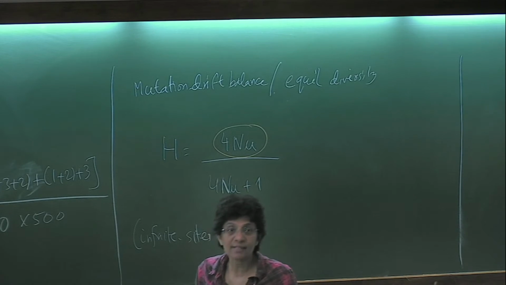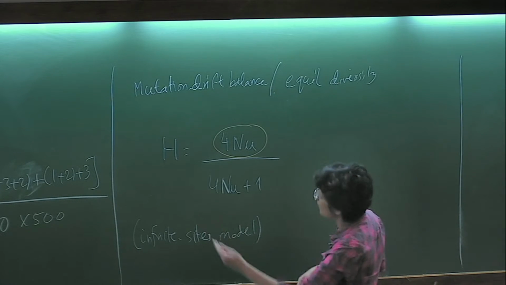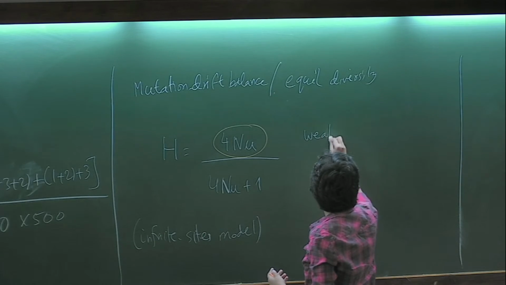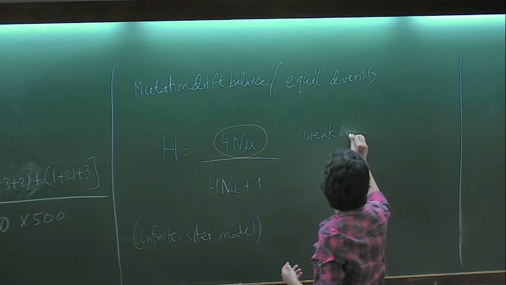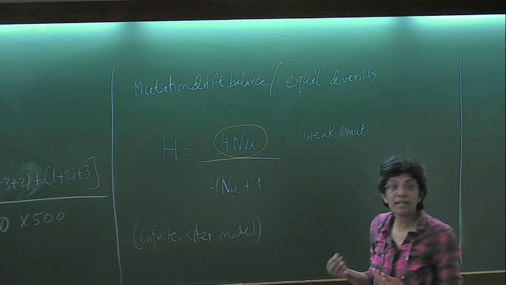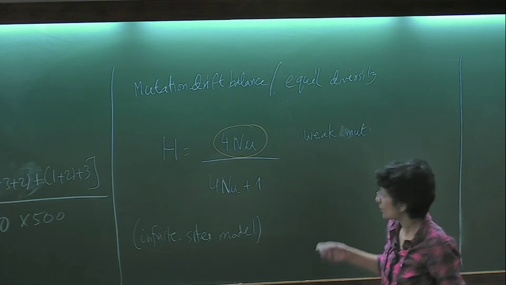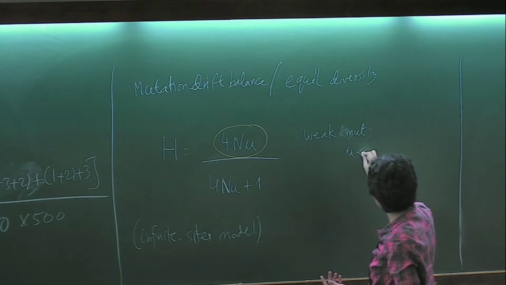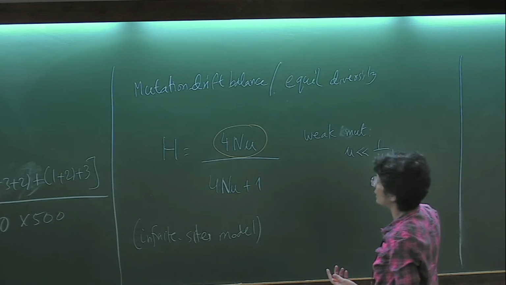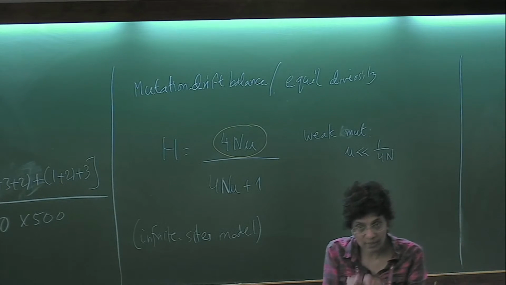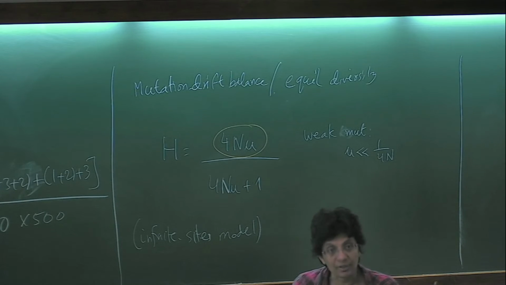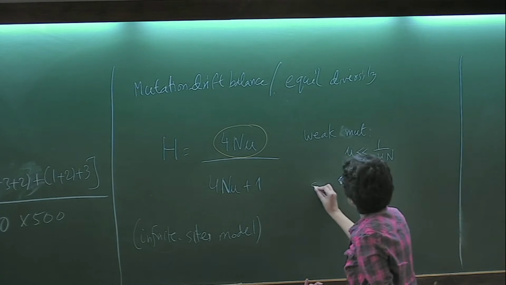When I say weak mutation, analogous to what I said over there, weak compared to what? What I mean is mu is much smaller than 1 by 4N. The mutation rate is much smaller than the power of drift. And similarly, strong mutation is just the opposite case.